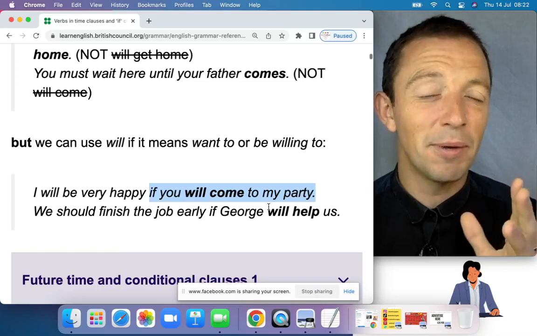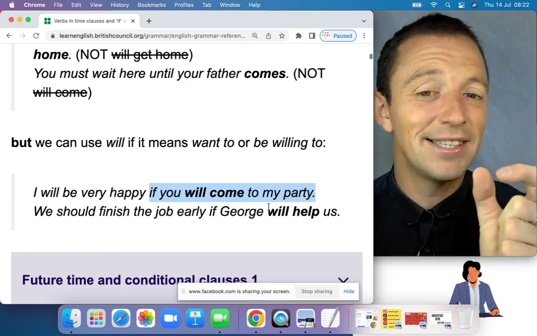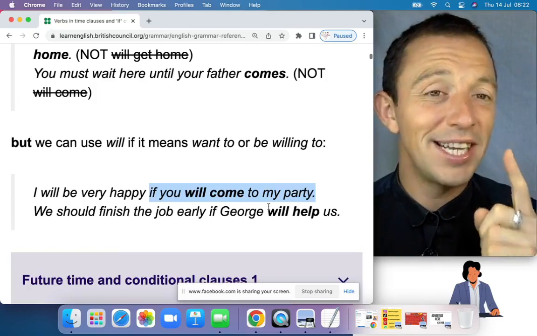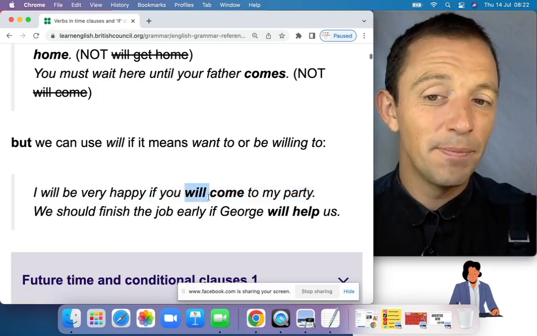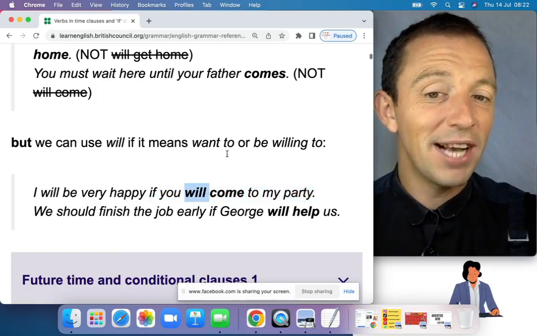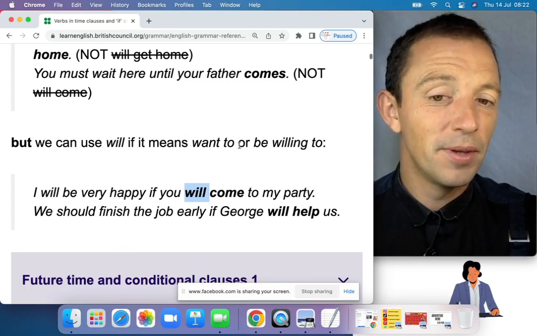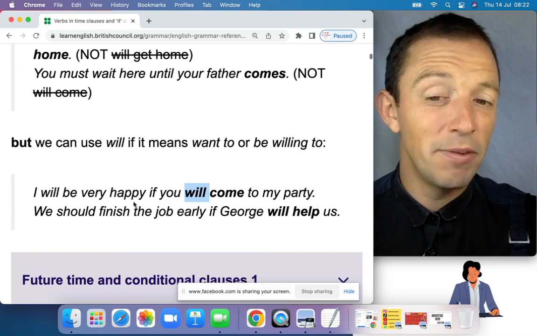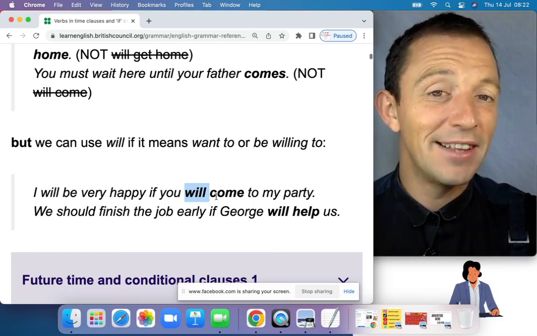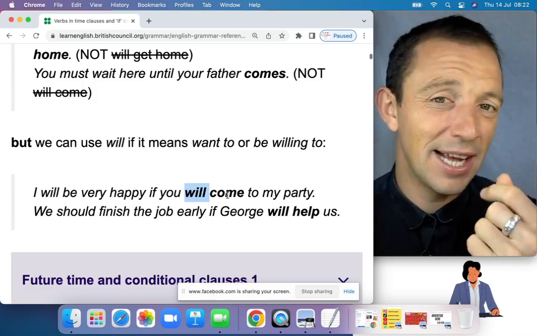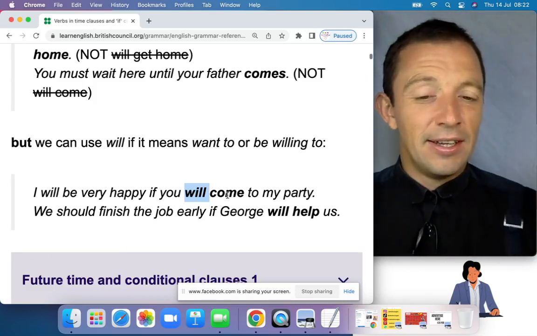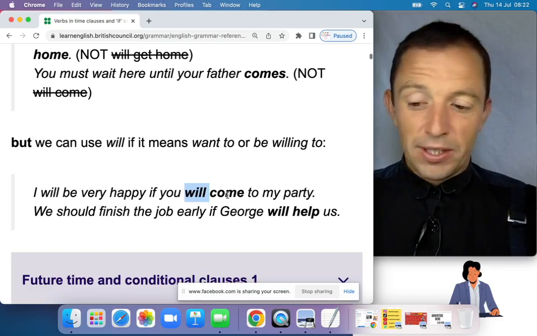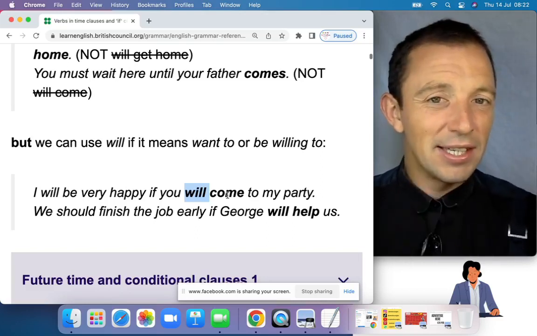Normally, typically it's the present tense to speak about the future, but it is possible to use will if you're expressing want to or willing to, happy and content to do something. So I will be very happy if you want to come to my party, if you are willing, if you are content to come to my party. That's very advanced and it's a little detail, and probably very fluent as well. So that's an interesting comment.